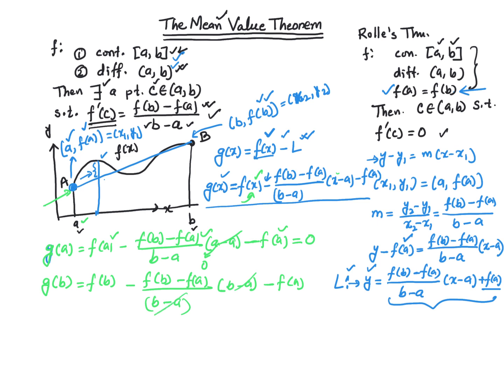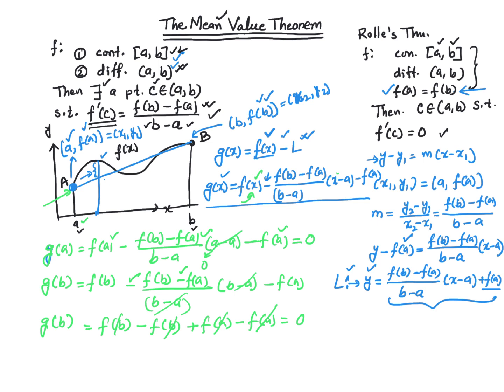So actually let me write it down. g(b) is going to be f(b) minus, now if I distribute this negative, I'm going to have f(b), and negative is going to make it positive, f(a), minus f(a), which is equal to 0, because this cancels out.